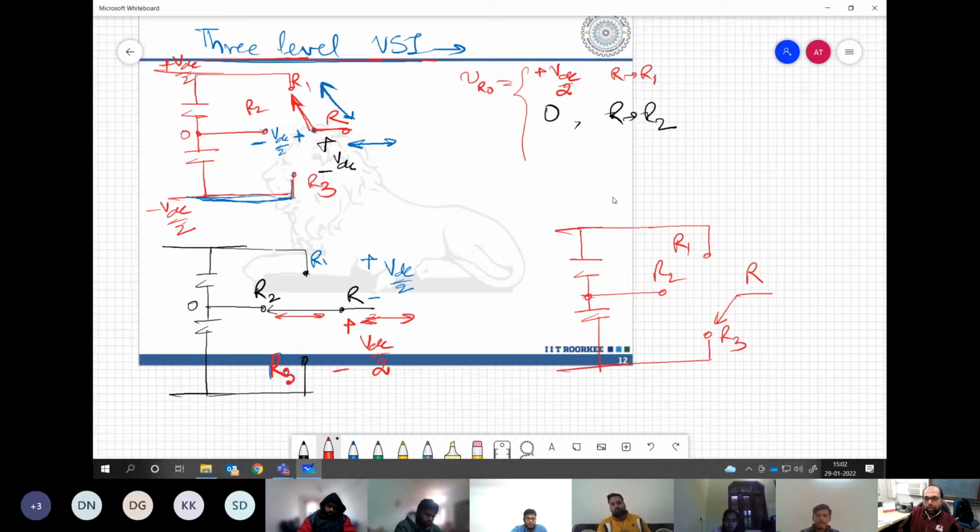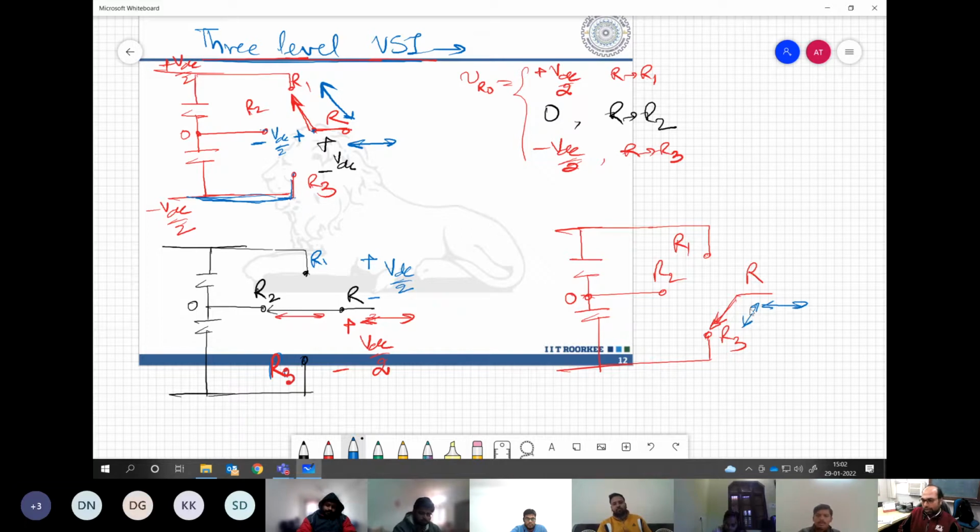What will be the output value? Minus VDC by 2. There is no doubt about it. Now the polarity. First we take the current direction, which is bidirectional, so RR3 must be a bidirectional current switch.